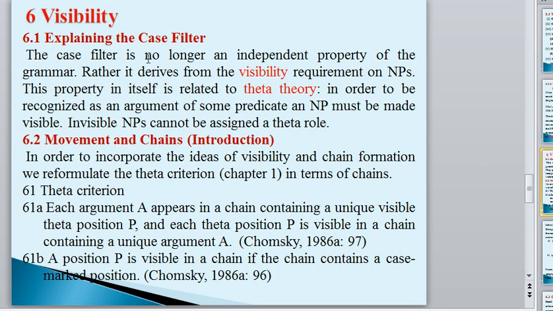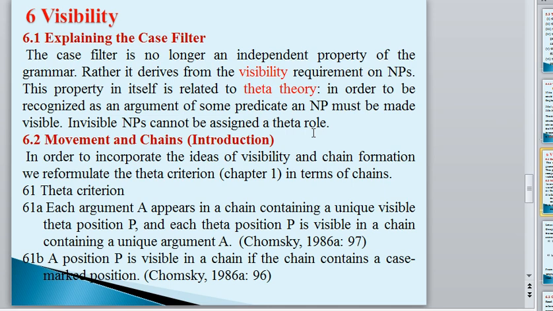In the case system, we have another condition which we call visibility, again explaining the case filter. The case filter is no longer an independent property of the grammar. Rather, it derives from the visibility requirements on NPs. This property in itself is related to theta theory.